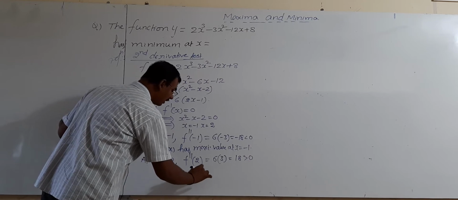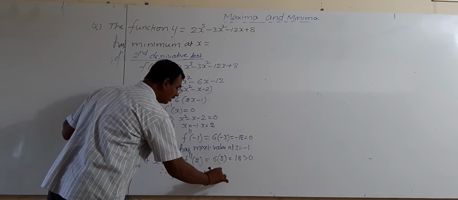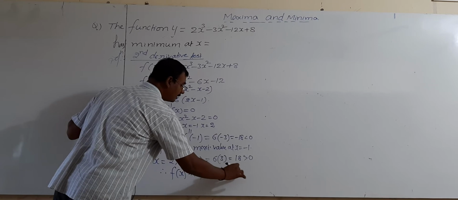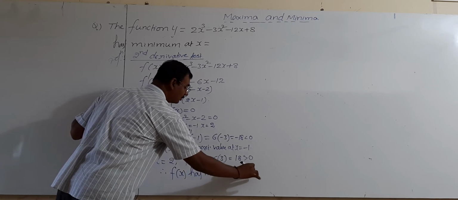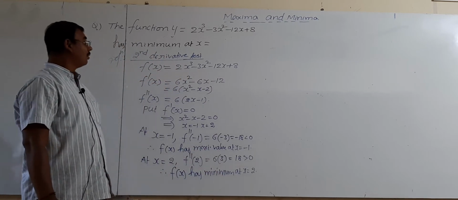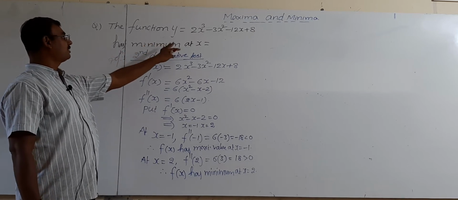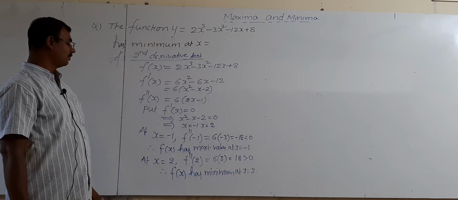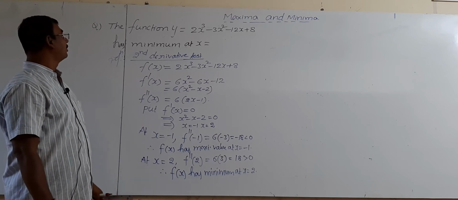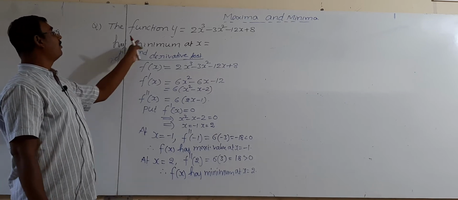So f of x has minimum at x is equal to 2. But what is being asked? At what value of x it has minimum? At x is equal to 2, but minimum value.